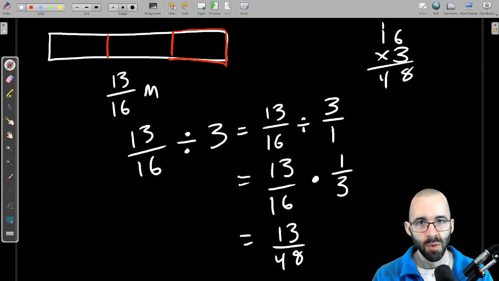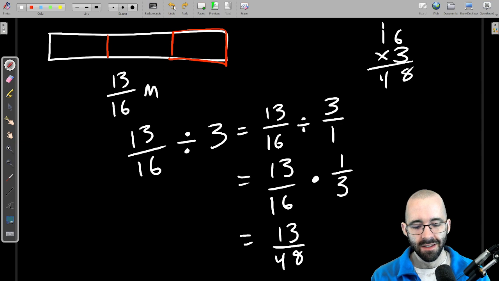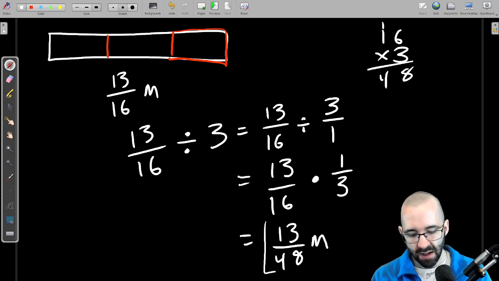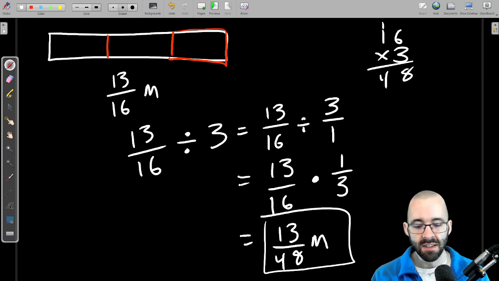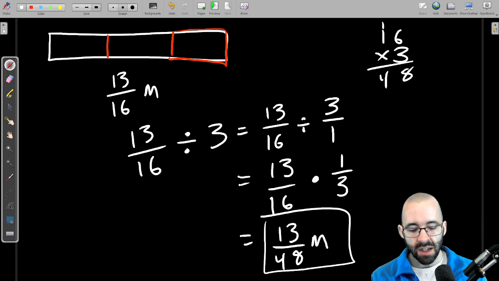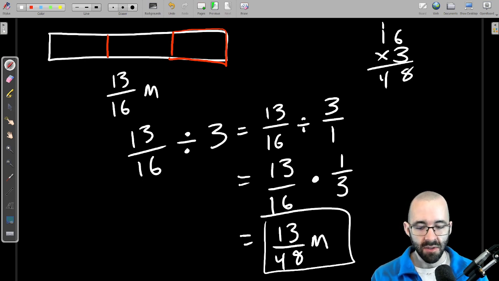Almost. What am I missing? We need to know what the answer is in meters. Always remember the units of your problem. We started off with 13/16 of a meter. We divided that into 3. Now each one is 13/48 of a meter. And we could find a decimal approximation as well.